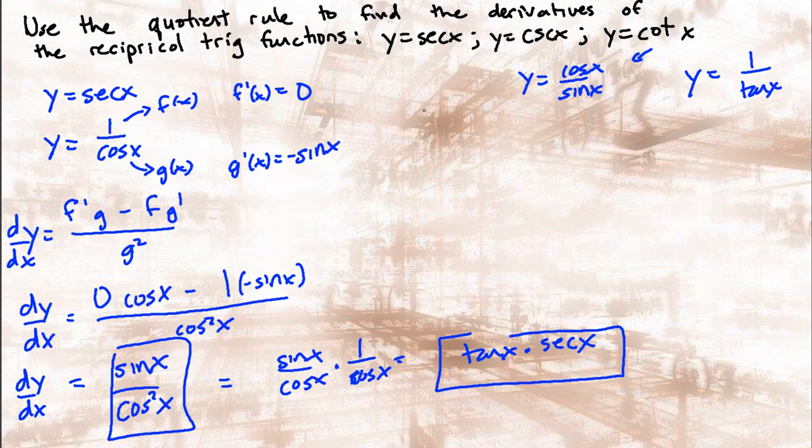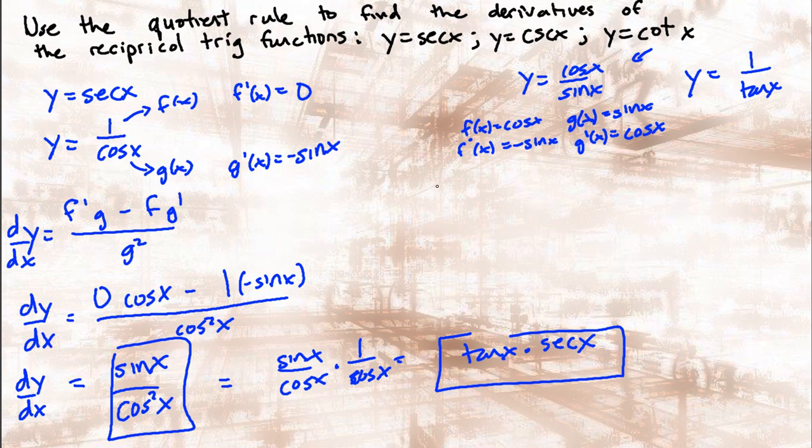I'll do the one on the right. So f of x is going to be cosine, g of x is going to be sine. So I'll write that right here. F of x will be cosine x, g of x will be sine x. So the derivative of cosine, still negative sine, and the derivative of sine is cosine.